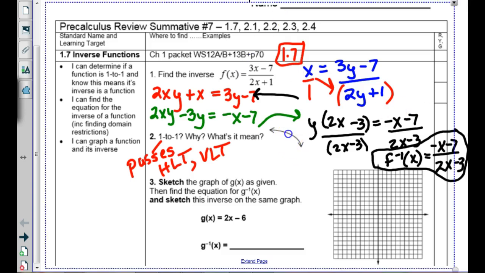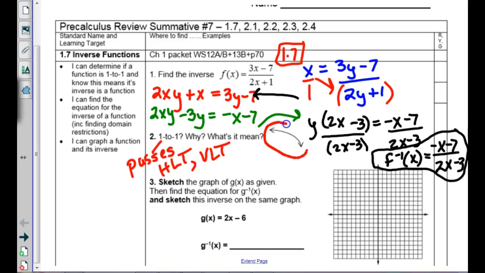This little bitty graph right here. Is he one-to-one? Yes. Okay. Why is because he passes the horizontal and vertical line test, and what does that mean? Yes. Good job.